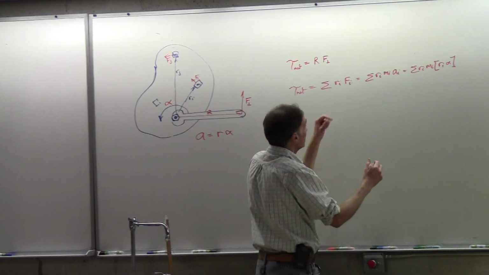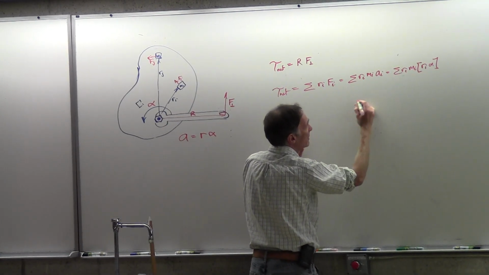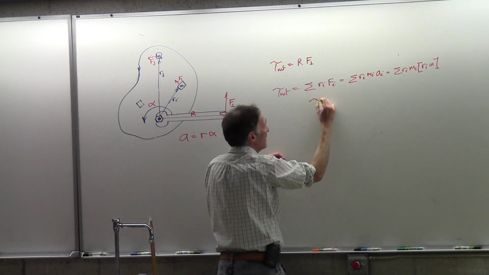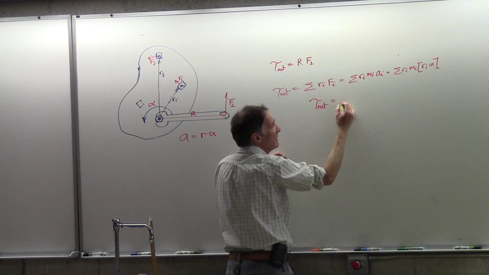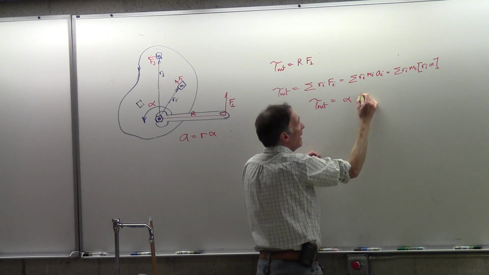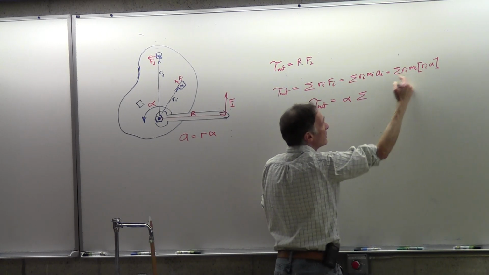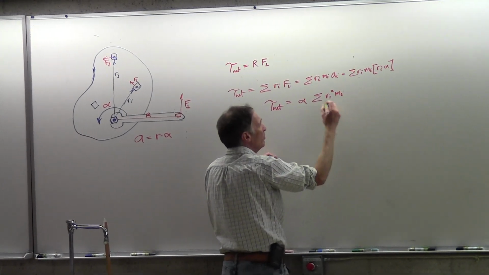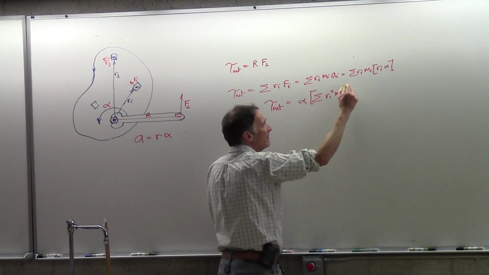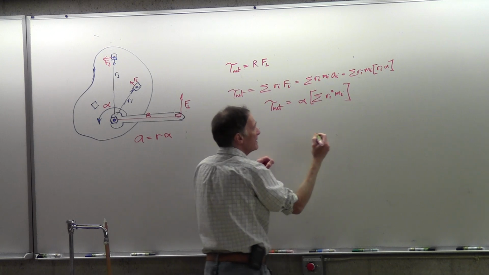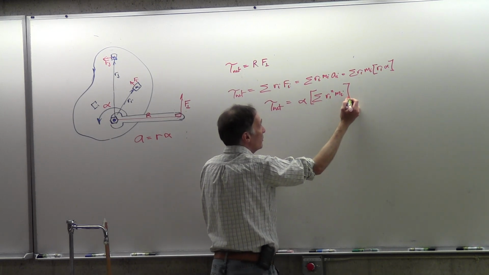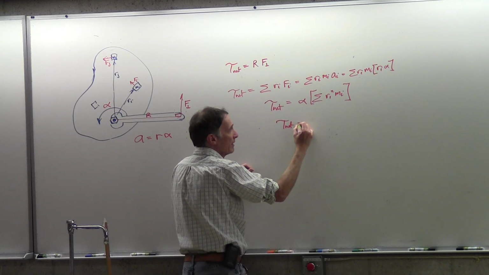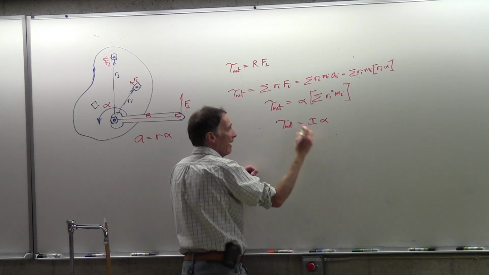So it's starting to speed up, and alpha is going to be the same for all these pieces. So I can say the net torque is equal to alpha times the sum of R sub i squared times m sub i. Oh, and that shows up again. What is that? That's the rotational inertia for this. And so we can write the net torque is equal to I times alpha.